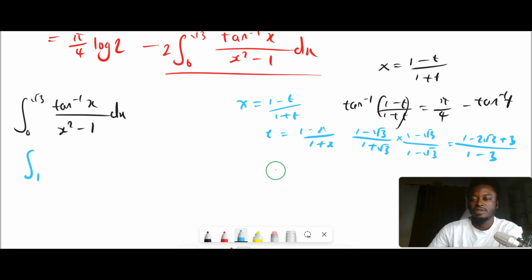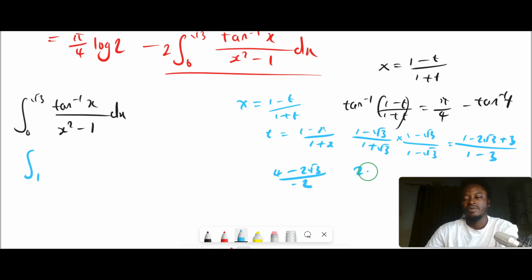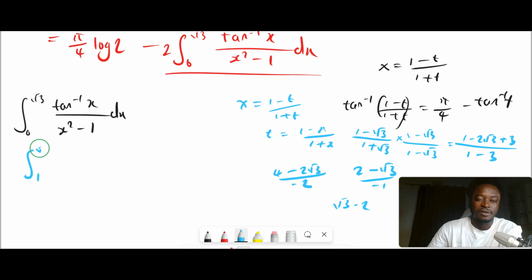So this will be 4 minus 2 square root of 3, all divided by negative 2. So we can cancel out the 2. That will be 2 minus square root of 3, all divided by negative 1. So that will be square root of 3 minus 2. Notice that square root of 3 minus 2 is actually a negative number, so keep that in mind, because square root of 3 cannot be bigger than 2.